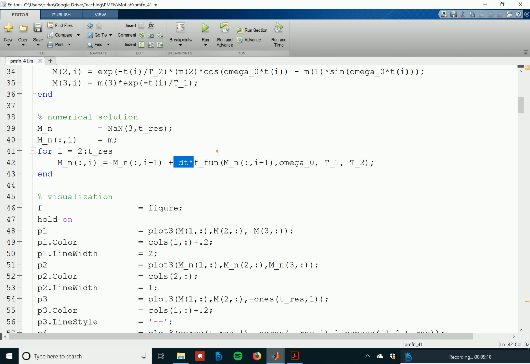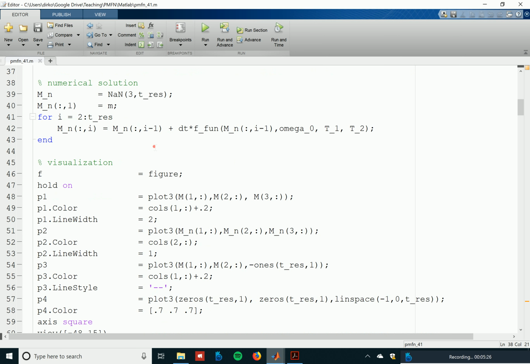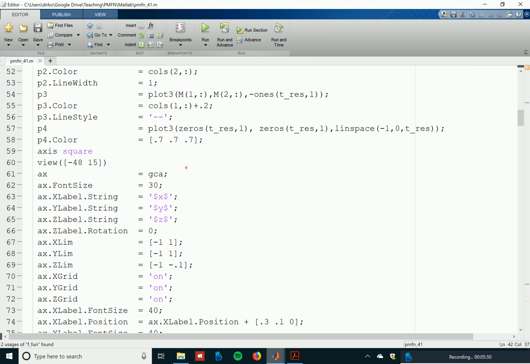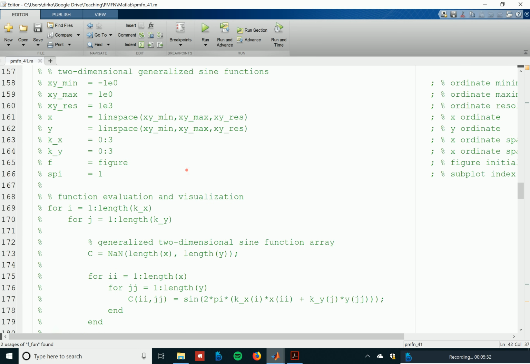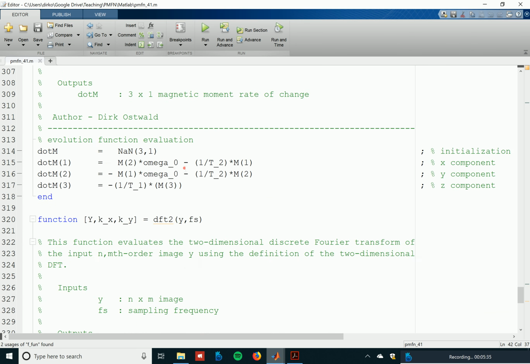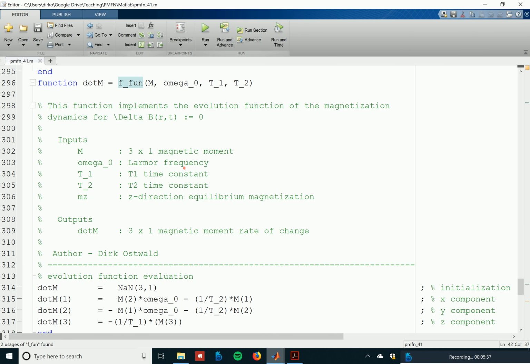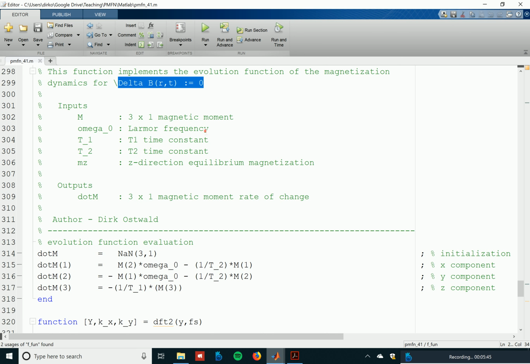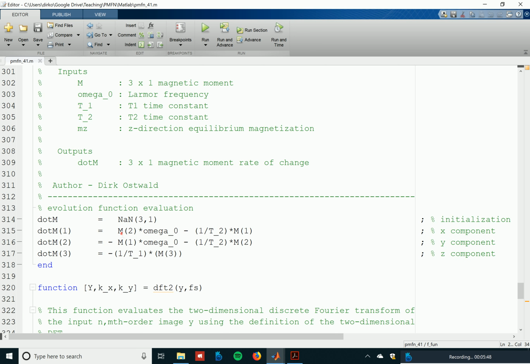Yeah, so that's the Euler integration for something a little bit more complex than before Christmas, namely for our system, which needs to, of course, evaluate the derivative. And for this, of course, there's another function, subfunction down here, which evaluates the evolution function of the magnetization dynamics for our delta B being 0. So this has these equations here.